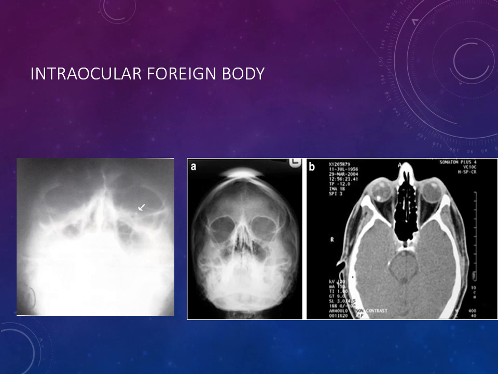This is why copper and iron foreign bodies should be removed as soon as we can. Inert foreign bodies such as glass may increase the risk of infection, but it's not as urgent as the metallic foreign body in terms of timing of removal.